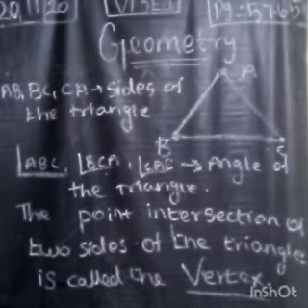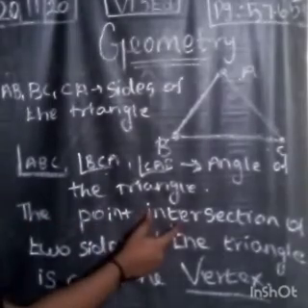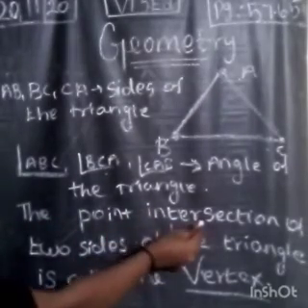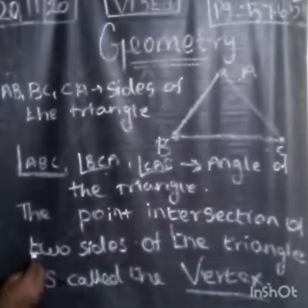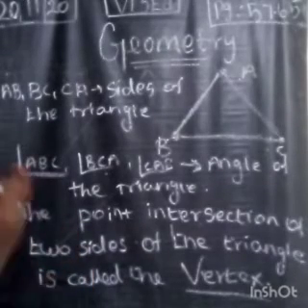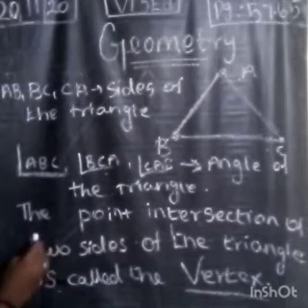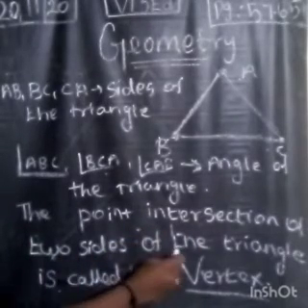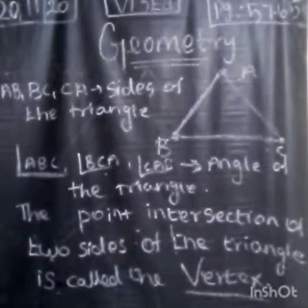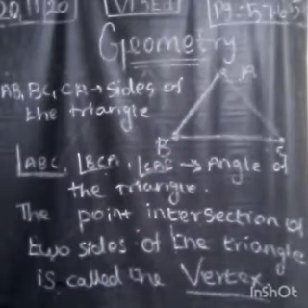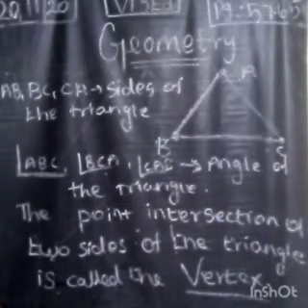The vertex means the point of intersection of two sides of the triangle. A triangle has three sides, three angles and three vertices.